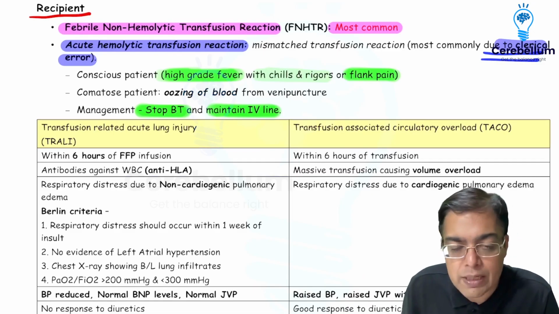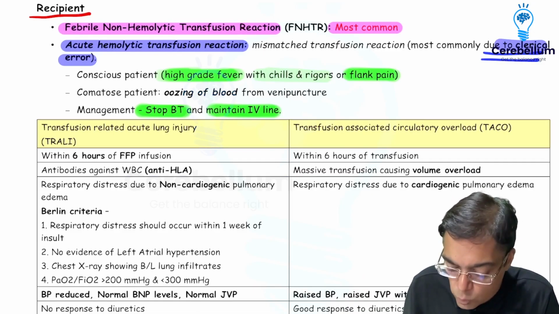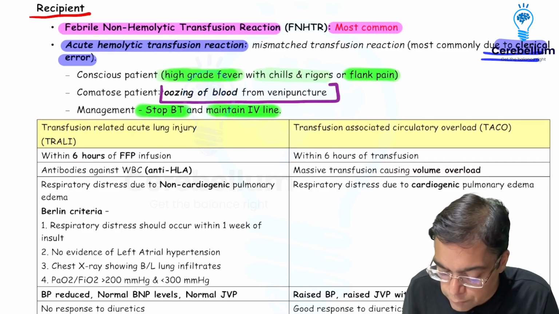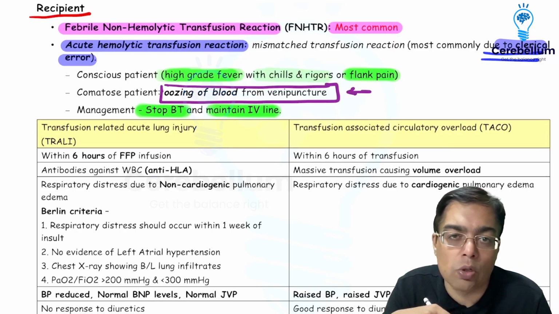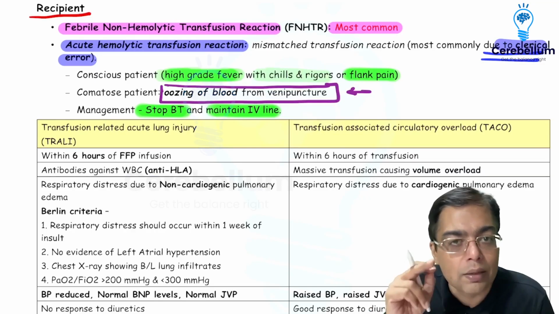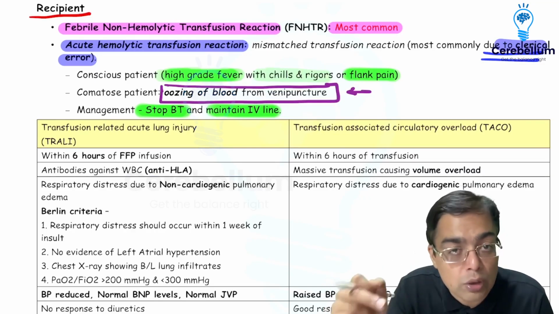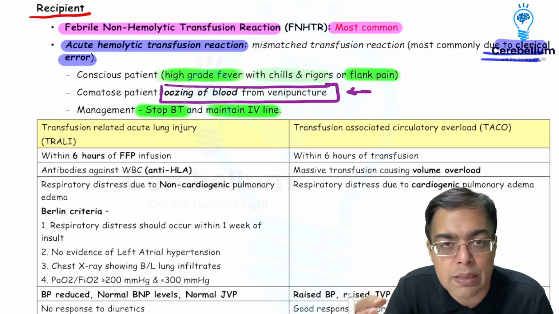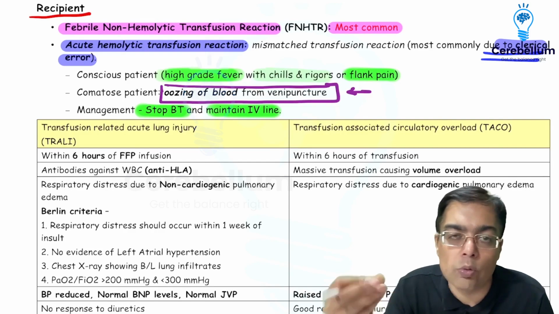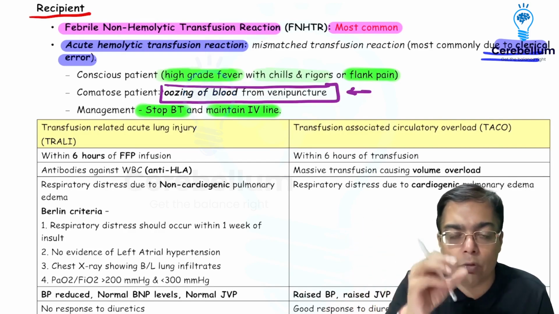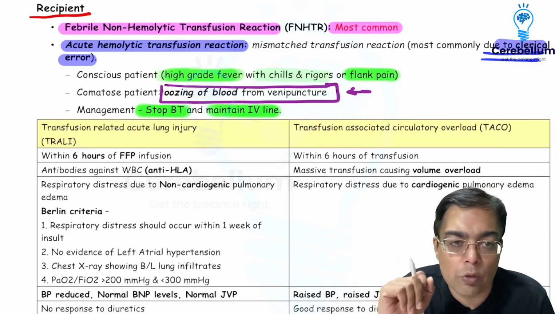So in case of an anesthetized patient or a comatose patient, what you are going to observe is oozing of blood from the different surgical sites, including the site of venipuncture. Oozing of blood in an anesthetized or comatose patient is an indicator that we may have given the wrong type of blood to the individual. So the protocol remains the same. You have to stop the transfusion, maintain the line and push normal saline, and send the blood bag along with the sample of the patient back to the blood bank for the purpose of cross-matching.